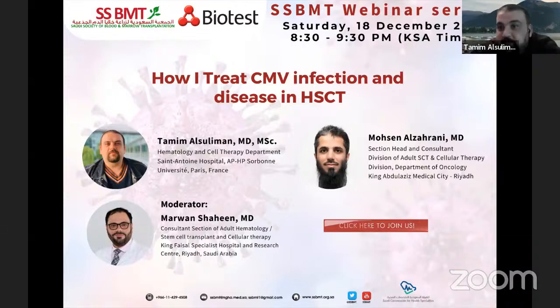As for recommendations from the SFGM-TC, the French Society of Bone Marrow Transplantation and Cell Therapy, as you've seen, they have recommended it. I think the rationale is that there is no criteria to differentiate between patients in these settings.